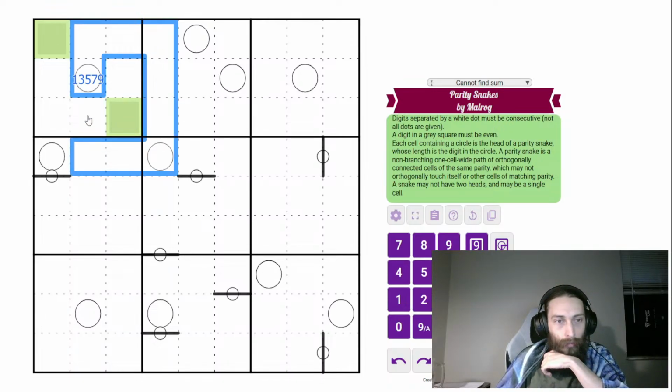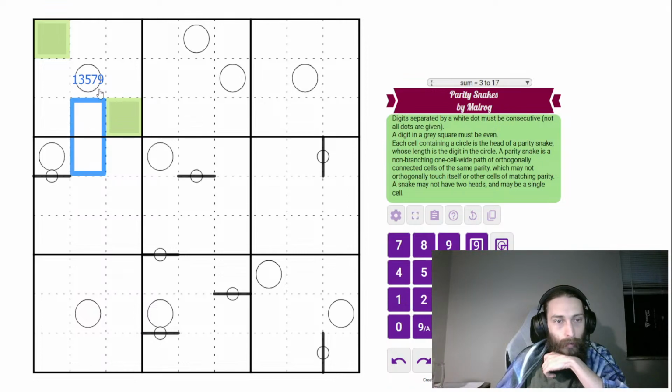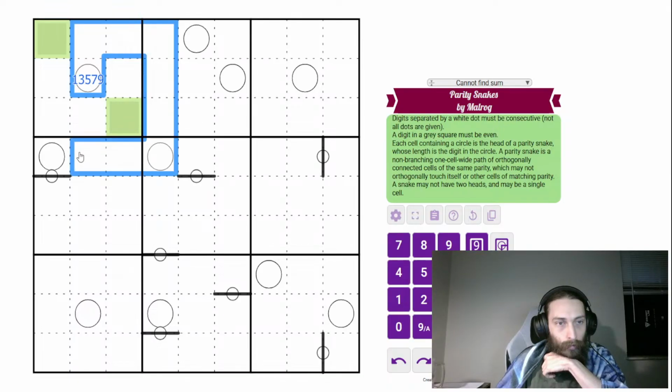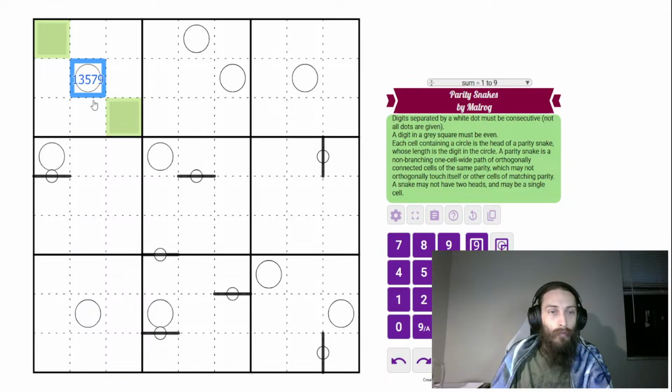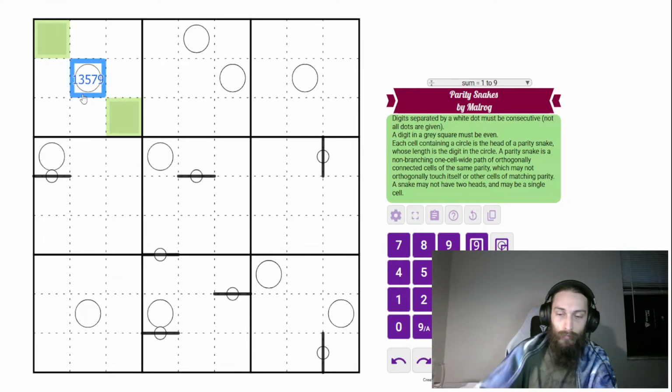Well, it can't touch itself orthogonally, so it couldn't wrap all the way around, even if that was possible. It wasn't possible anyway. So yeah, it has to be 4, 6, 8.